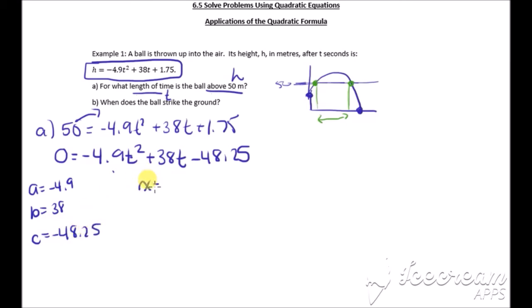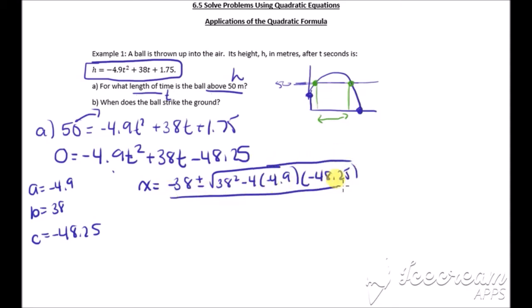Okay, so x equals negative b plus minus the square root of b squared minus 4ac, all over 2a, so negative 4.9.